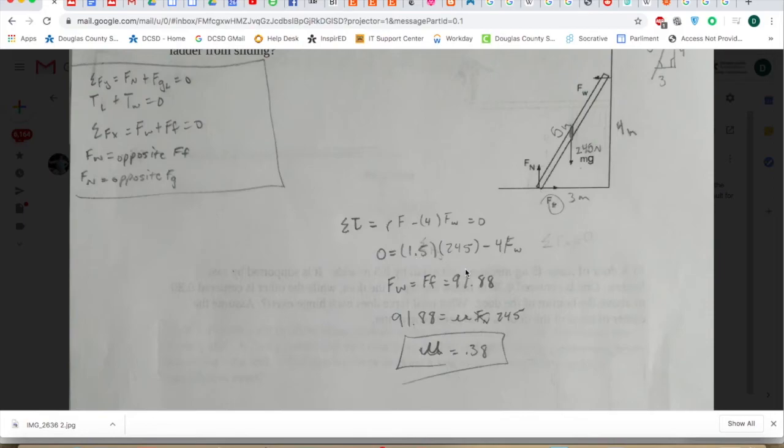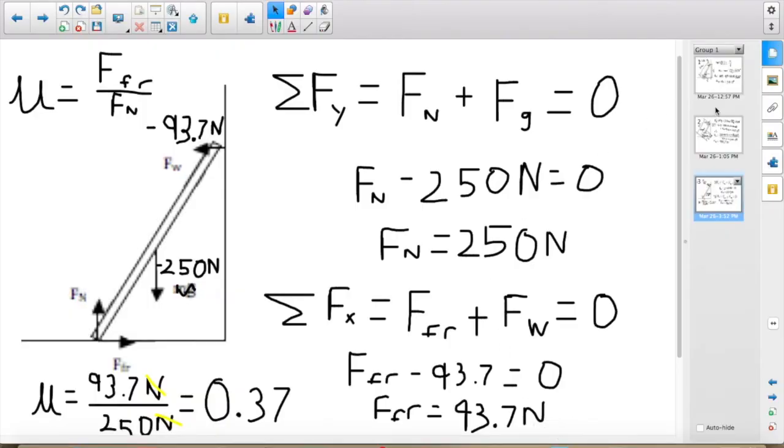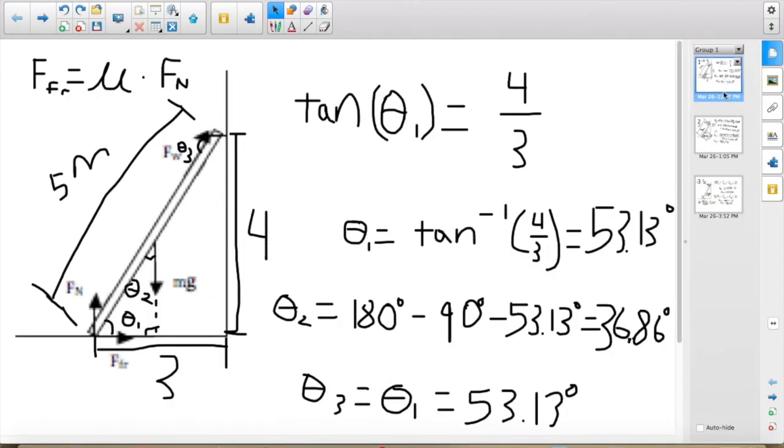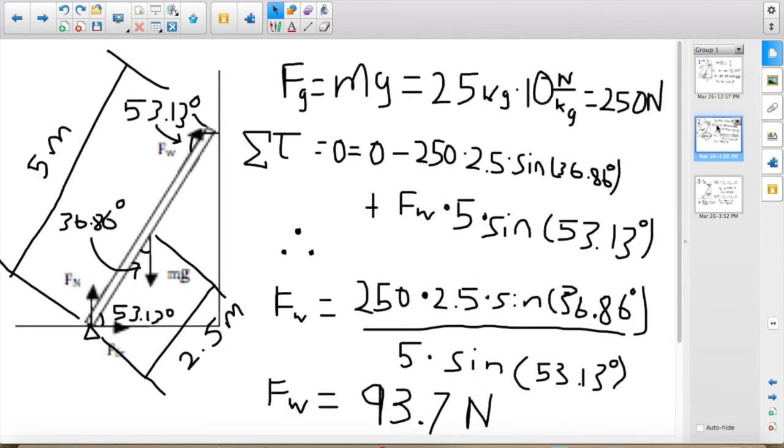So the reason that gets you the same force of friction and therefore the same coefficient of friction is because the sine of 53.15 times 5 is going to be 4. And that has to be true because that's actually how we found that angle.